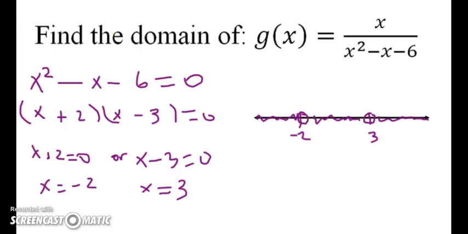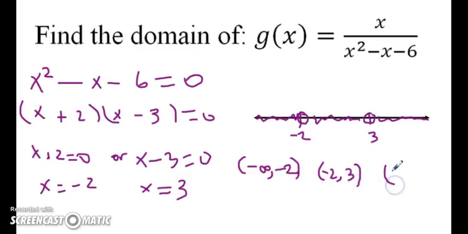And the way we write that would be negative infinity, the left boundary, takes a parentheses. And negative 2 is the right boundary of this first interval, and negative 2 is not included. And then we have the interval from negative 2 to 3, and 3 is not included.